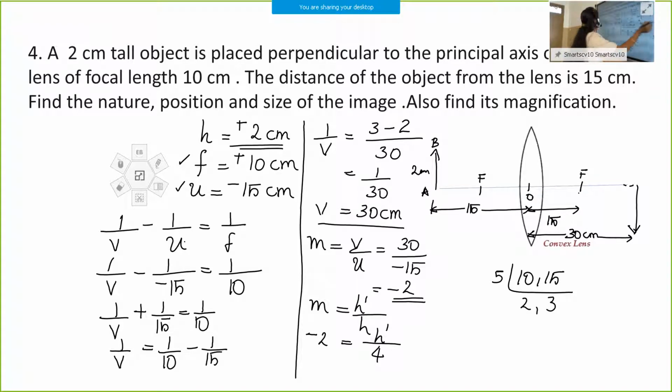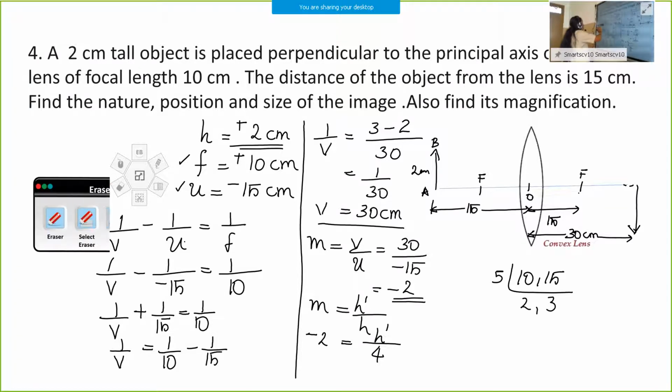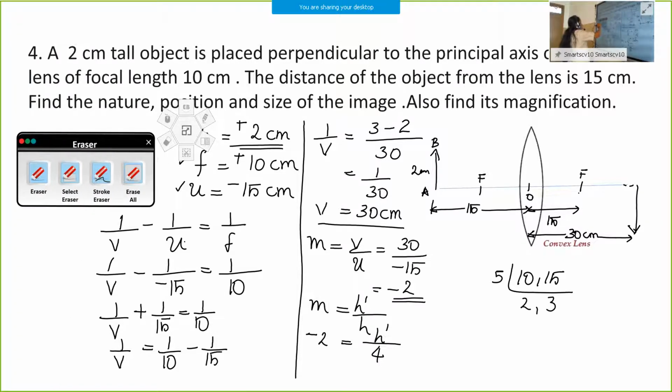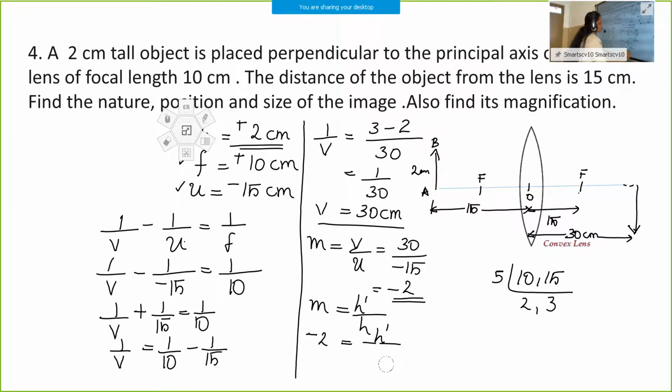So, magnification you have to substitute as minus 2. The object height is given as plus 2 centimeter.